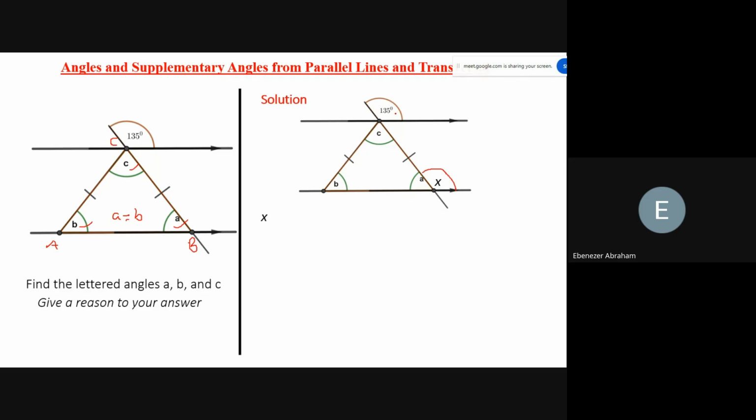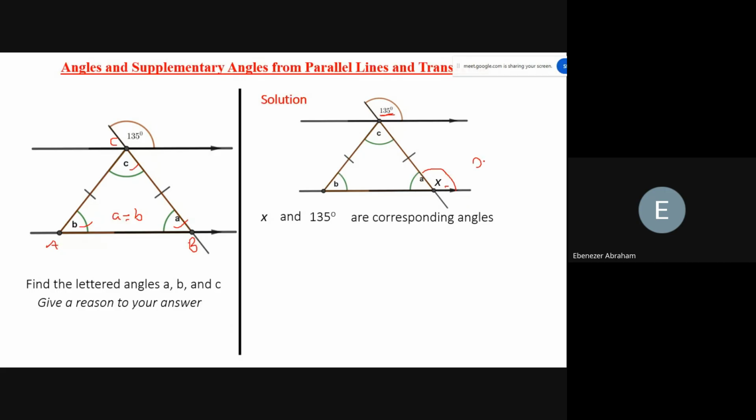So with this one, I want to transfer this angle to this side for me to capture my A. And I know 135 degrees corresponds to the X I've indicated here. Does it make sense? So X and 135 degrees are corresponding angles. They are equal angles.